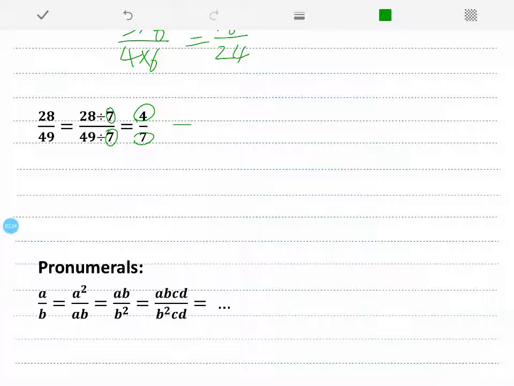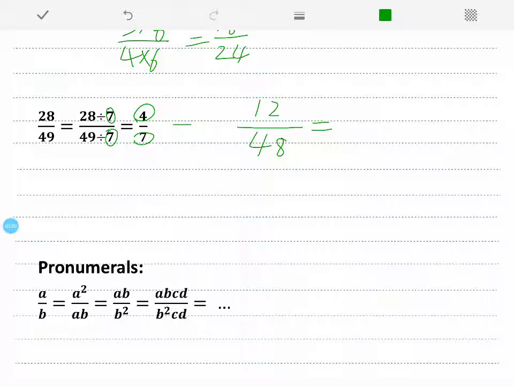Alright, let's do another example. For example, 12/48. If you don't find the largest common factor here, you might choose any number which is a common factor between 12 and 48.